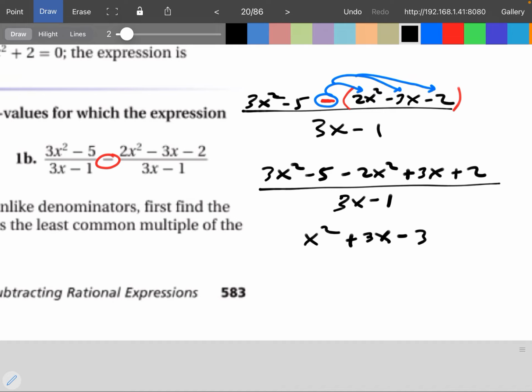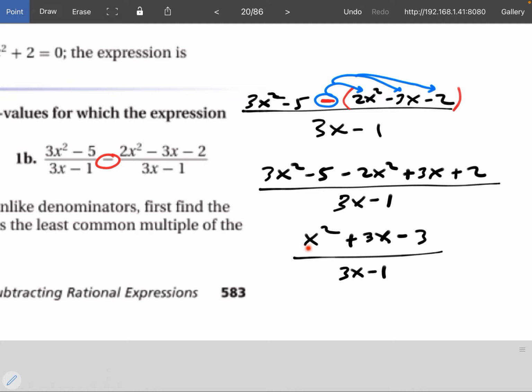So that's a negative 3. And now that's all over my common denominator of 3x minus 1. Now that is my answer. But technically, I'm supposed to look at this one now, right here, and see if that would factor. But I don't think it does.